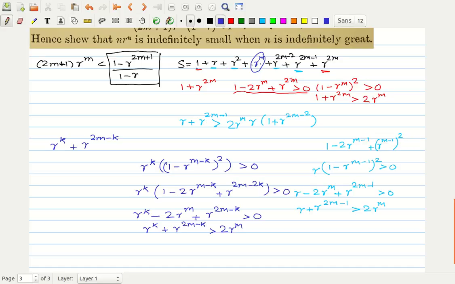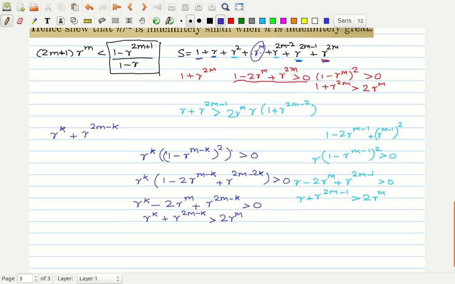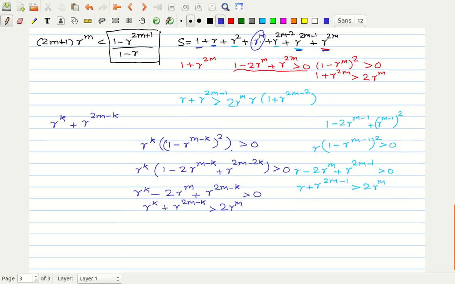So if you add all these pairs, we know that this pair is greater than 2 times r to the power m. This pair is also greater than 2 times r to the power m. So how many pairs are there? There are m pairs like this, right?